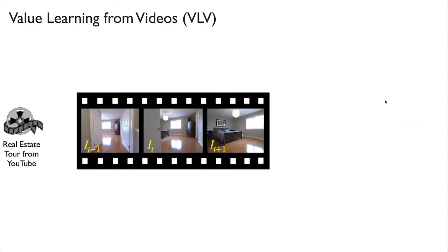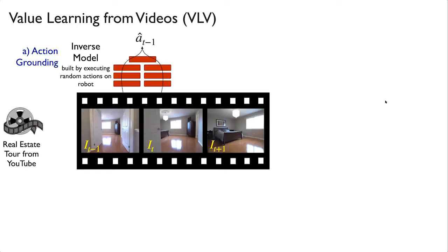So we can put all of this together to come up with this framework that we are calling value learning from videos. As I said, we're going to work with real estate videos from YouTube, right? So this is a video fragment, if you will. We run this inverse model to do action grounding. This inverse model has been trained on a small amount of interaction data. So we are now able to label what action the agent would take in order to go from one frame to another frame, right?